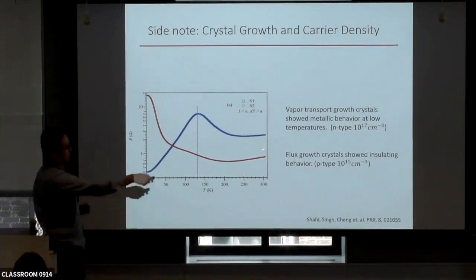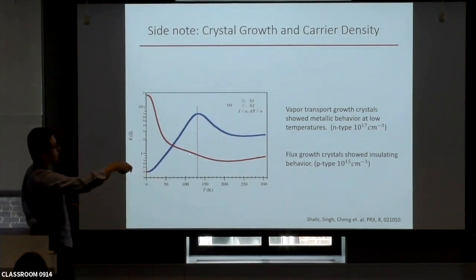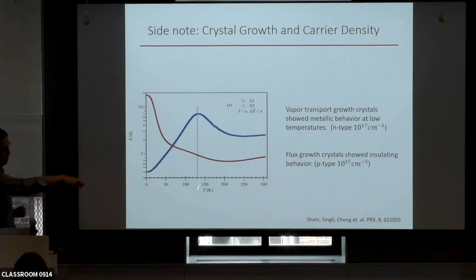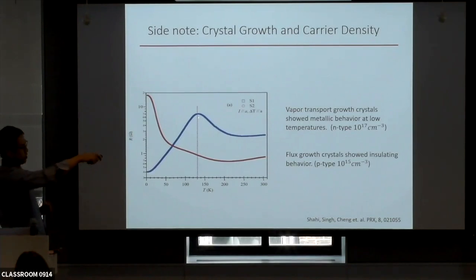For example, in this paper, people show that if you're using the CVT method, then you will have a crystal with something like this blue curve, resistance as a function of temperature. You will see a peak at around 150 Kelvin, and that's actually corresponding to a transition going from p-type to n-type.